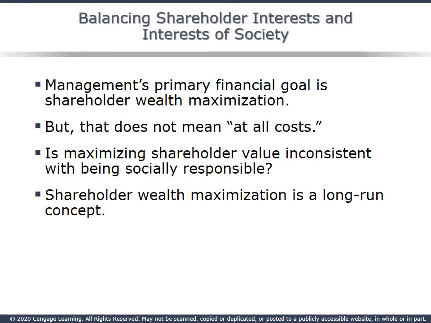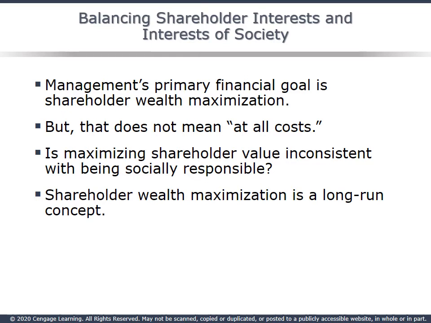Chapter 1 finishes off with speaking about balancing shareholder interests and the interests of society. We already know that management's primary goal is to maximize shareholder wealth. In other words, make decisions that cause an increase in the firm's stock price over the long term.